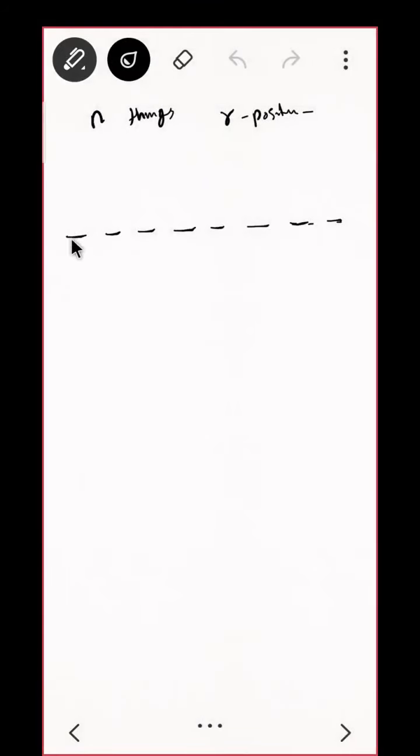The first value will be n. What about the second? n minus 1, then n minus 2. What is the last value? Can somebody tell me? There should be a total of r places. This is the first position, this is second, this is third. So what will be the rth place? Can somebody tell me?